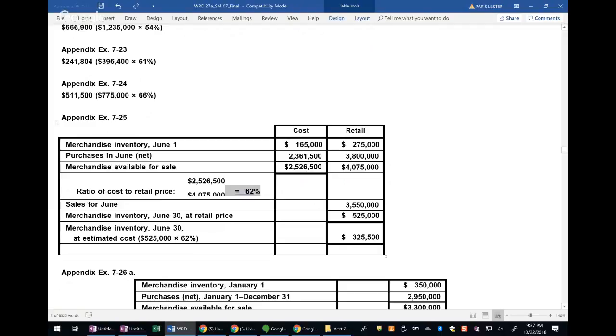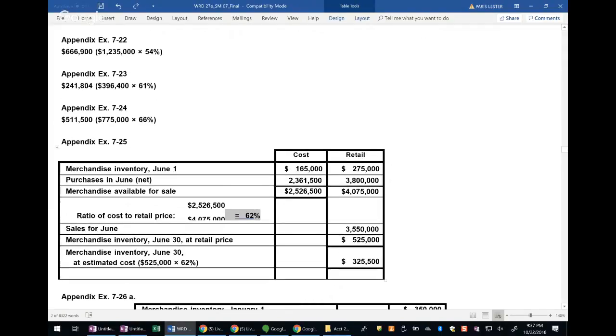You can actually get it that way. Here we're saying that sales would have to be 100%, and then your cost here is 62, and your markup is 38.